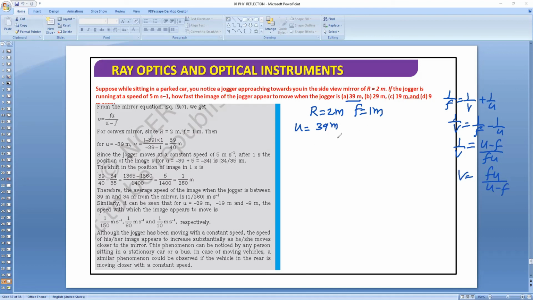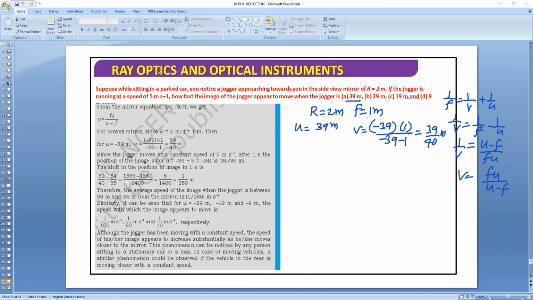So we can substitute U is equal to minus 39 and get V as 39 by 40 meters.